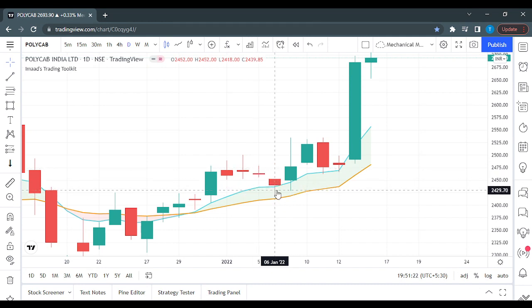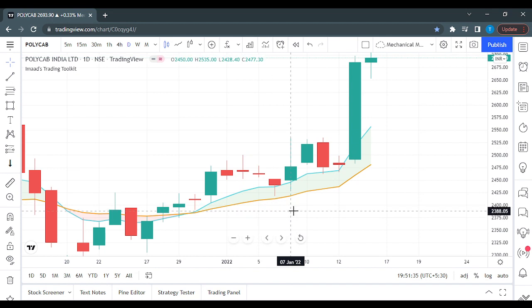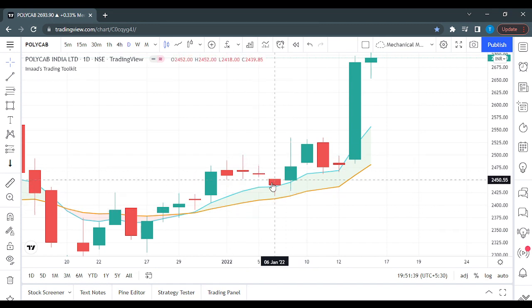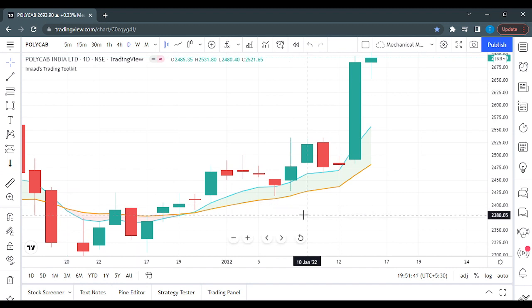And this particular pullback candle is touching or cutting through the moving average. This is our signal that the stock is trying to reverse the trend or doing a pullback or a retest, right? If this pullback continues, we know that we can't enter this trade, and the trend is going to reverse.